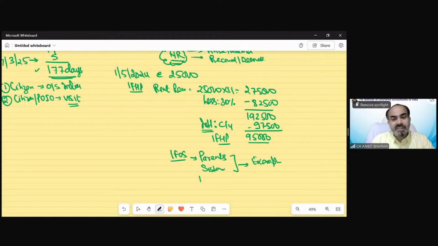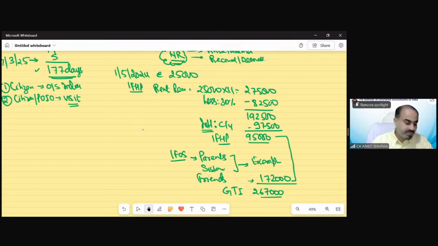But the gift received from husband's friend, that was 1,51,000 and 21,000. That 1,72,000 is going to be income from other sources. If we add these two incomes, that would be our gross total income, and it is 2,67,000 rupees. There is no deduction in the question.